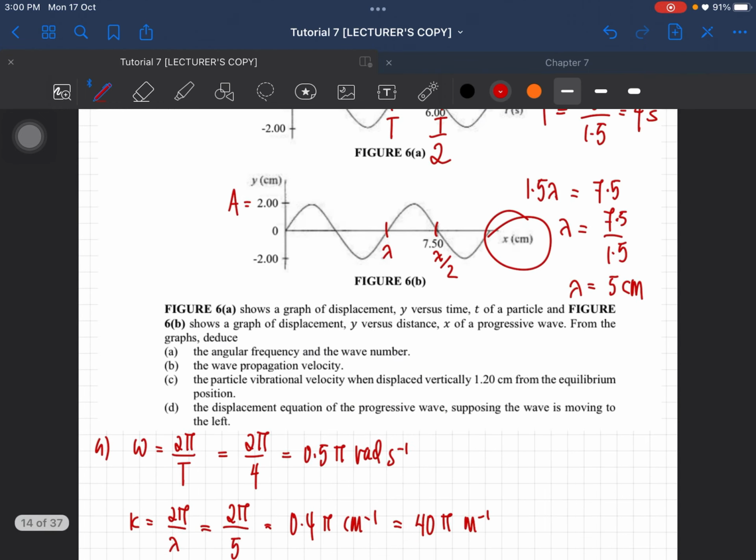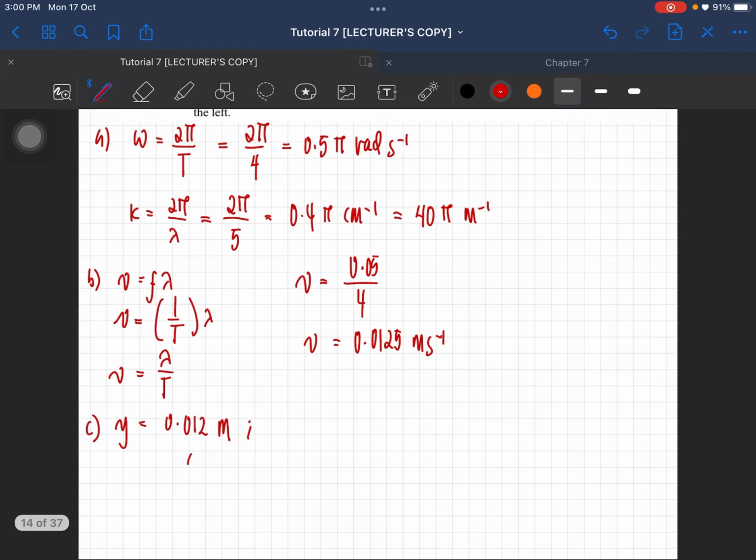We have to determine the particle vibrational velocity. This equation is the equation that we've used before, which is this one.